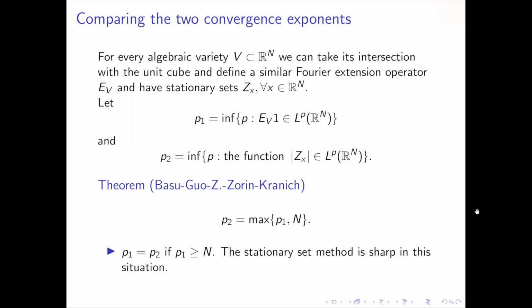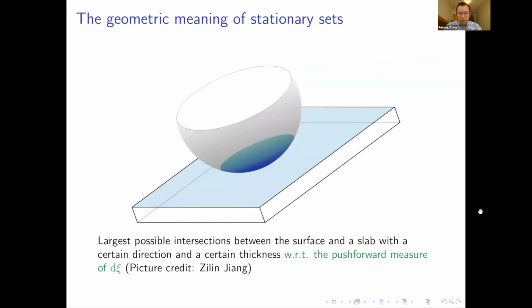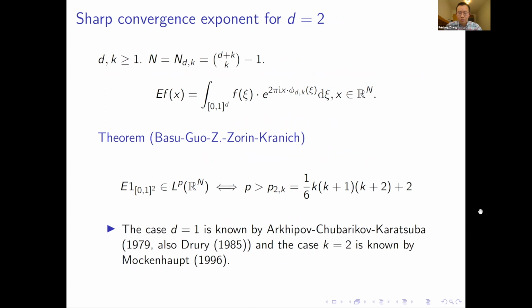So you say that your theorem is new in degree 2 as well, because there are already results that have to do with the Newton polynomial. Your theorem improves on that in degree 2, because in degree 2 the picture in terms of the Newton polynomial is very simple. I think the degree 2 case is known, by Monkenhaupt.